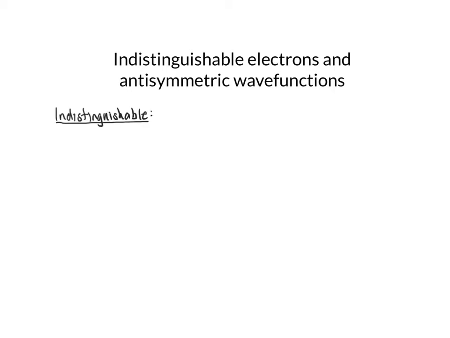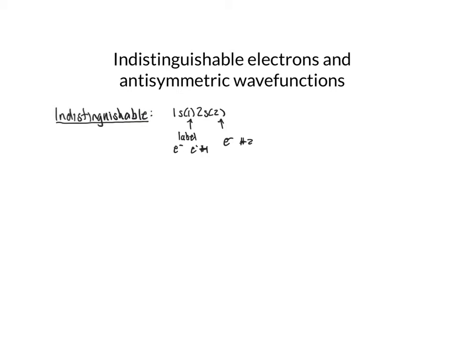The concept of indistinguishability is just the idea that I can't tell one electron from another. They're all exactly the same. So if I have an electron configuration where I have one electron in a 1s and another electron in a 2s orbital, I'll use these parentheses to label the electron. This is electron number 1, and this is electron number 2, to keep track of which electron is in which orbital.